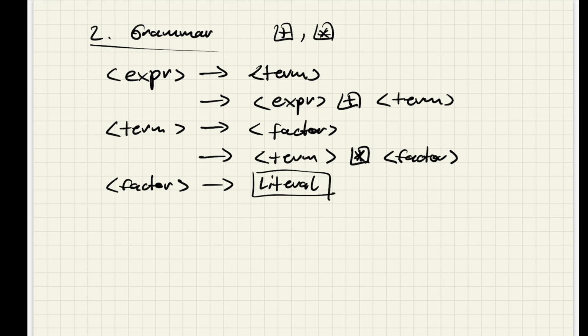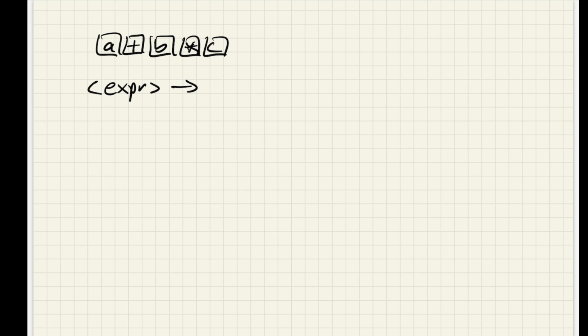And now we look at an example where it actually matters. So that means we have at least 3 identifiers, A plus B times C. If plus and multiplication had the same precedence, then we would first add A plus B and then multiply the result with C. But this will not happen in this case, because in order to represent this sequence of tokens, beginning with this expression, with this start symbol in the grammar, I first have to somehow produce this plus.